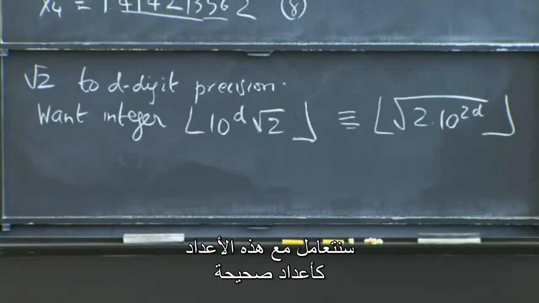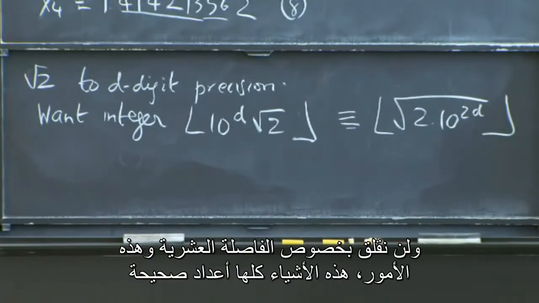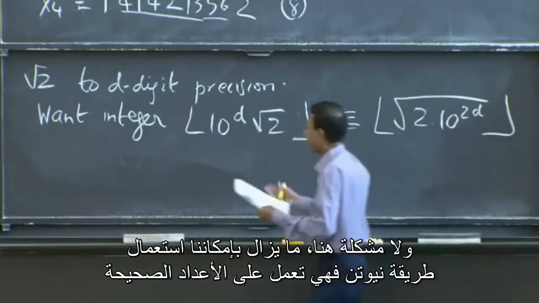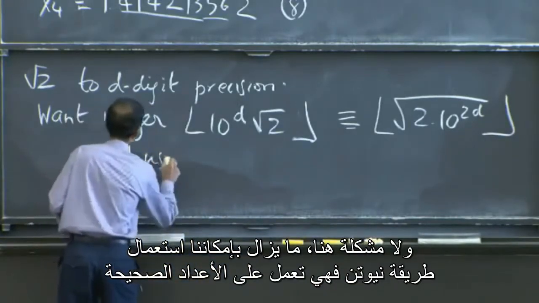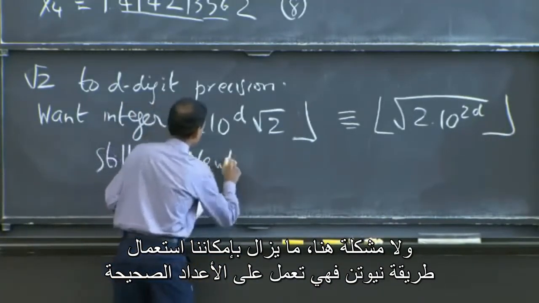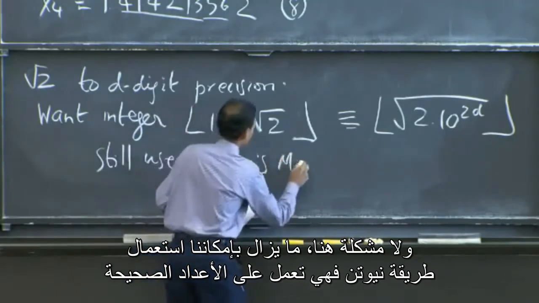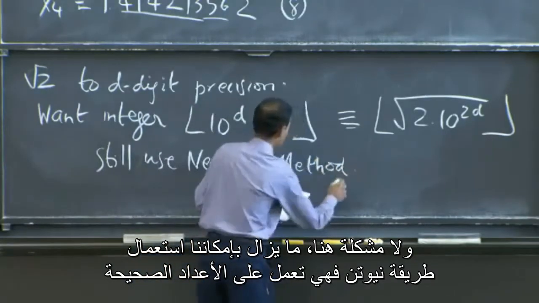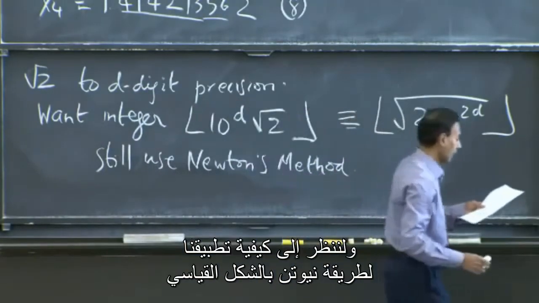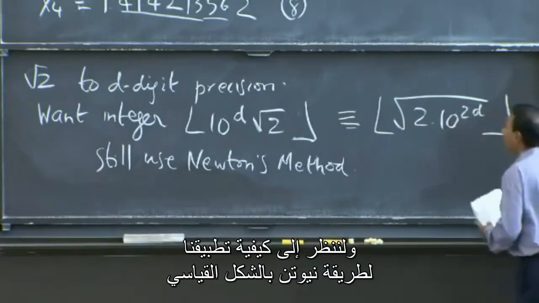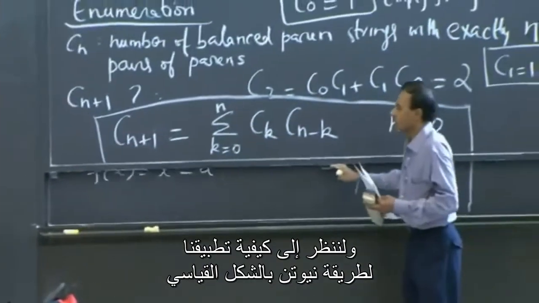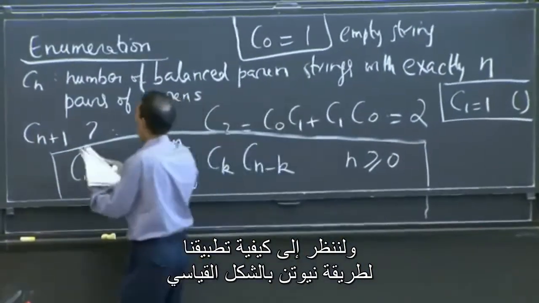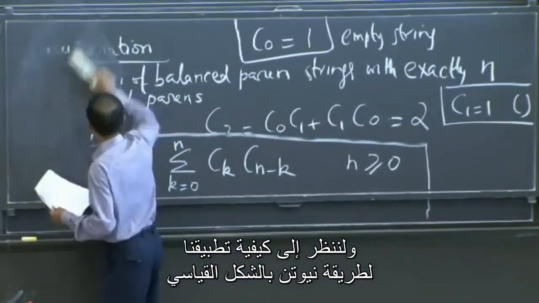So we're going to treat these as integers, so we don't want to worry about decimal points and things like that. All of these things are going to be integers. And there's no problem here. We can still use Newton's method. It just works on integers. And let's take a look at how we would apply Newton's method in standard form.